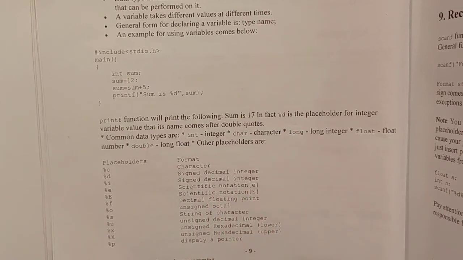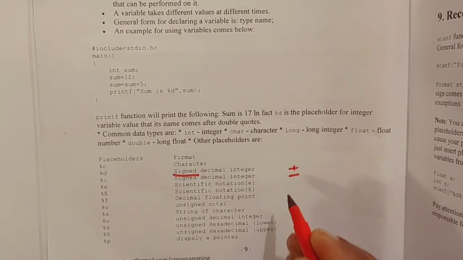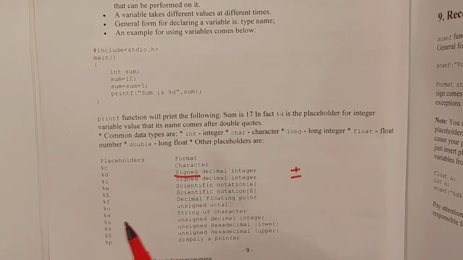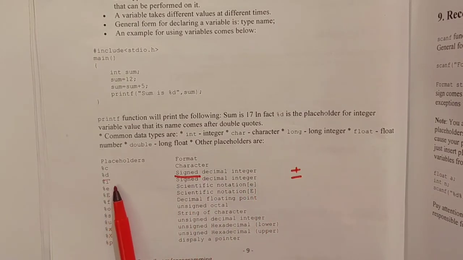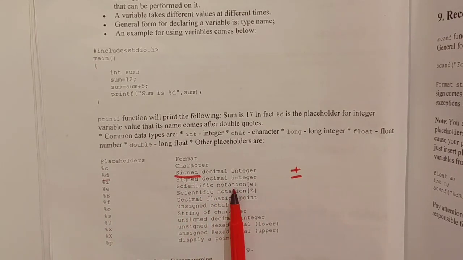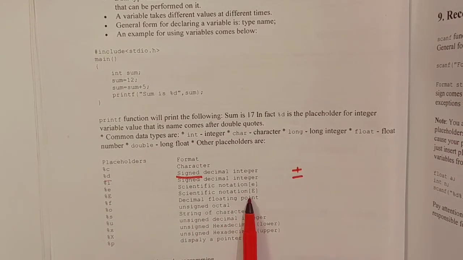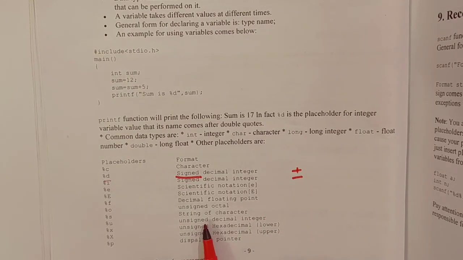Signed decimal number: here it is written signed, which means either plus or minus, both it will take. Signed decimal number will be %d. %i is signed decimal integer. %e is scientific notation. And %f is decimal floating point. So different values you can use with different placeholders.